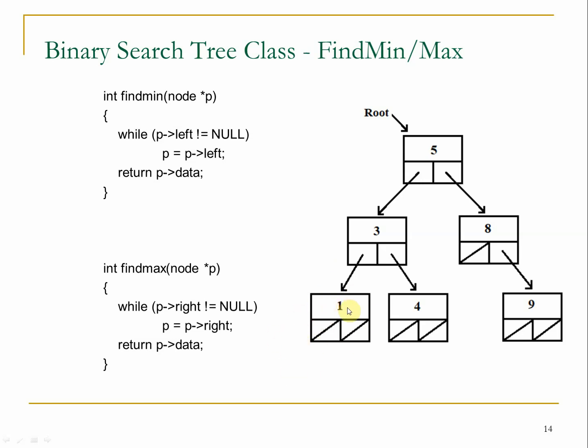That means this is going to be the smallest element. The same thing, if you try to find the maximum, all you need to do is go to the right side until the node has no right child, and that gives you the maximum value of the binary search tree.